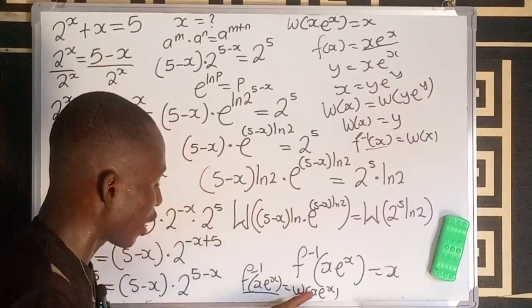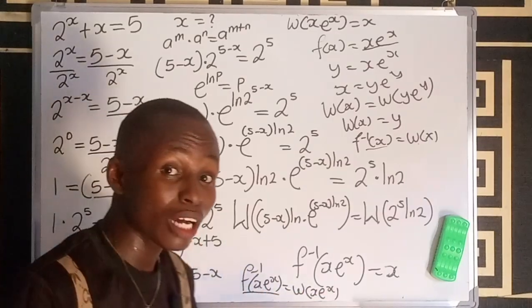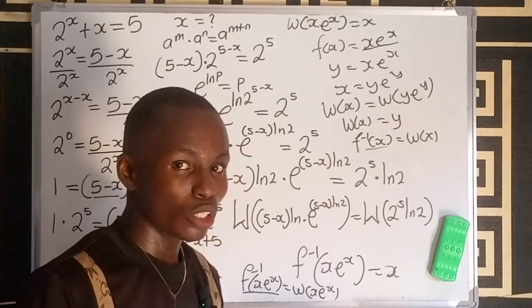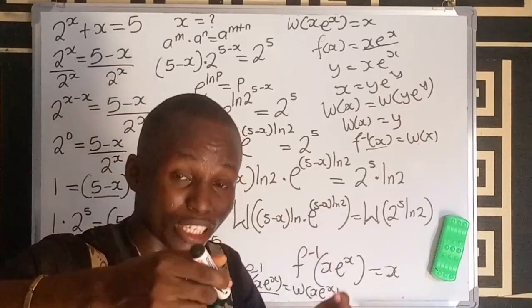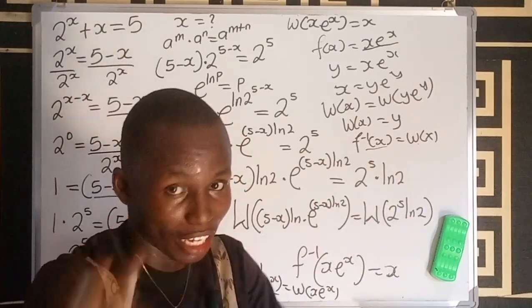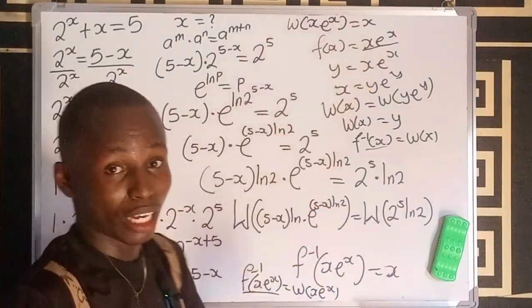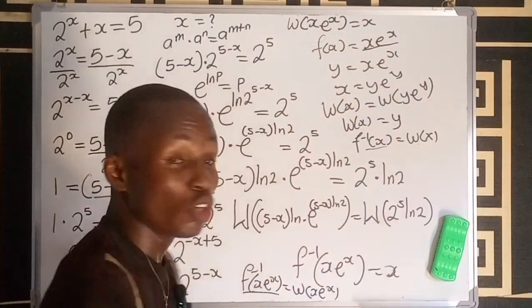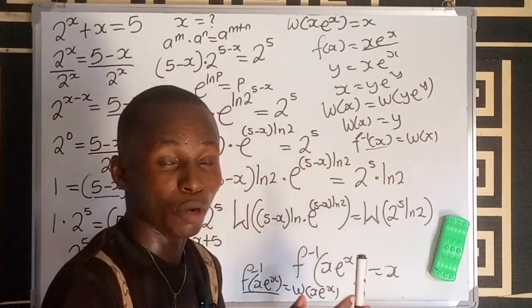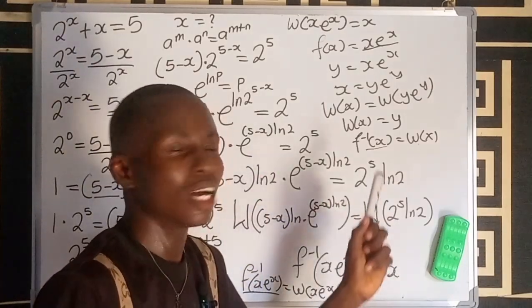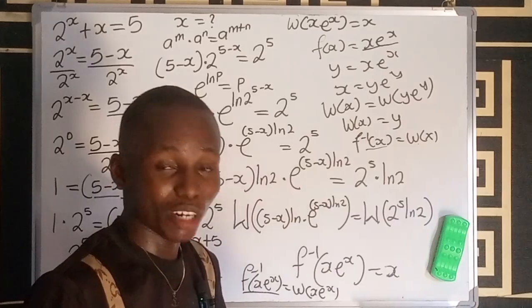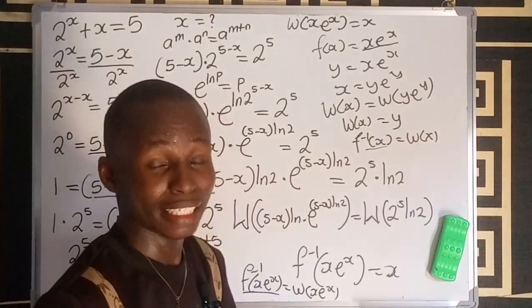So the inverse function of x multiplied by e to the x will just give us x. Are you seeing how this happened? Whenever you substitute the original function into the inverse function, it must give us x. That's why the inverse function of x multiplied by e to the x is always equal to x. Maybe in my next video I'll give a more proper definition of this, because most of you have not gotten how this gives us x. But remember, there's a proof about it.